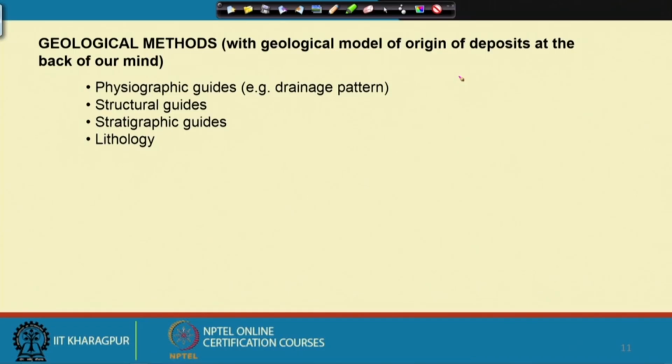In our discussion we talked about the different types of guides, like physiographic guides, structural guides, stratigraphic guides. As we have just discussed, there could be large scale faults or folded terrains. In terrains affected by folding, sometimes there is enrichment of the ore bodies in different parts.